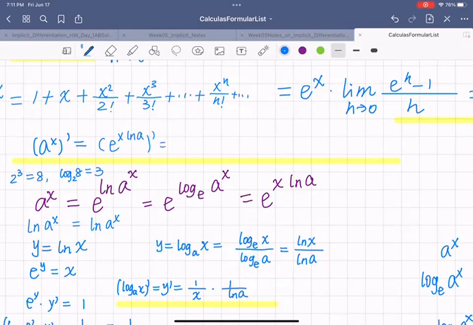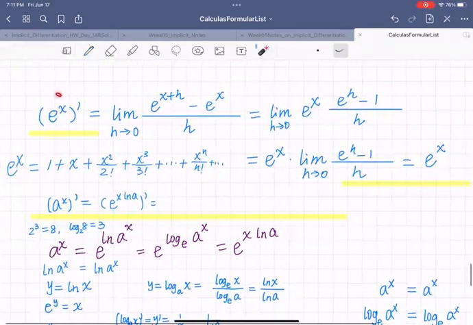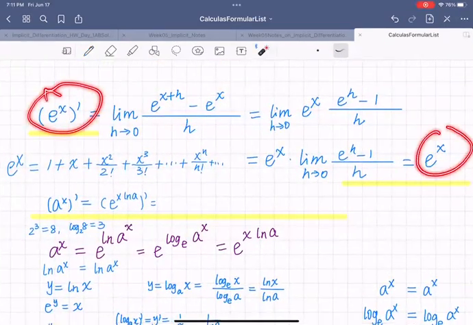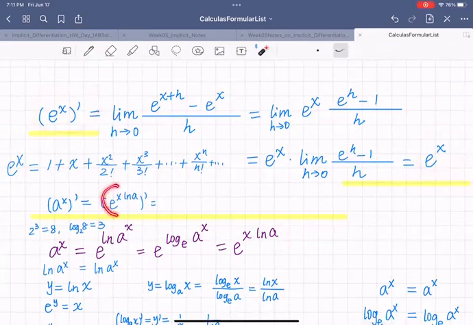Now I have the e to the power x ready. So I'm going to copy down e to the power of this whole thing. So just rewrite this. So far, so good?